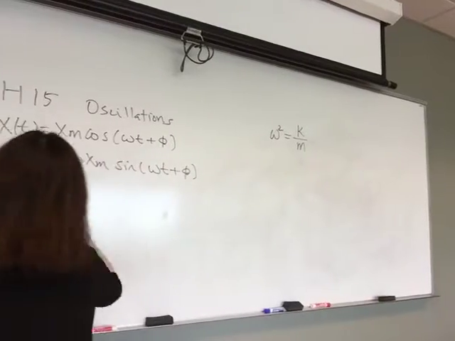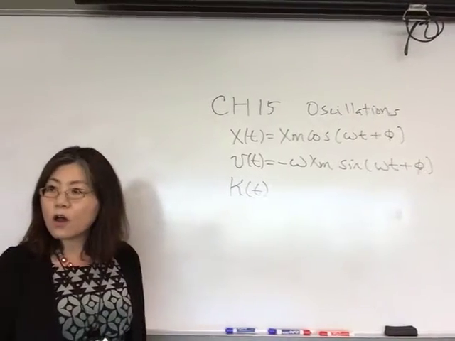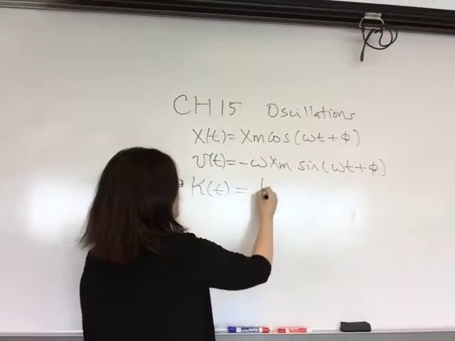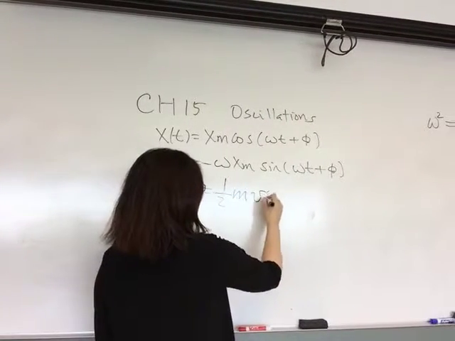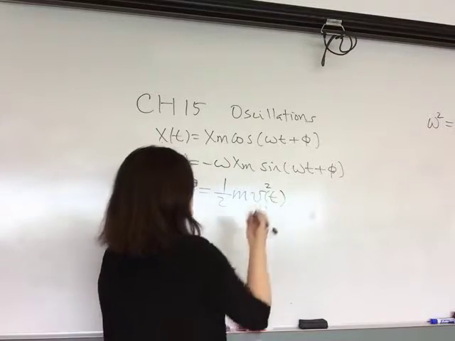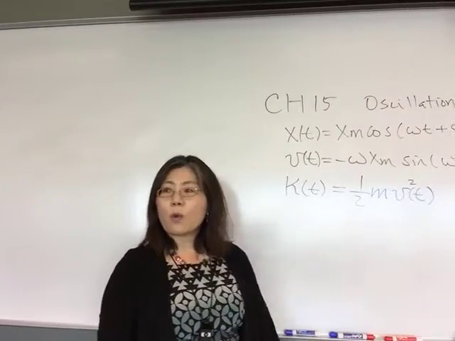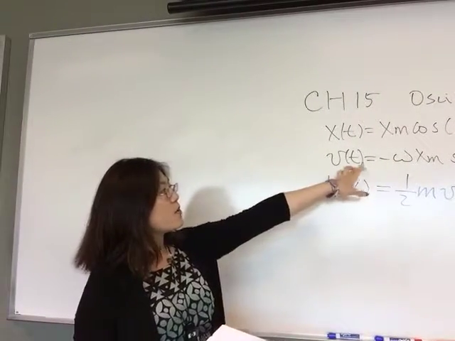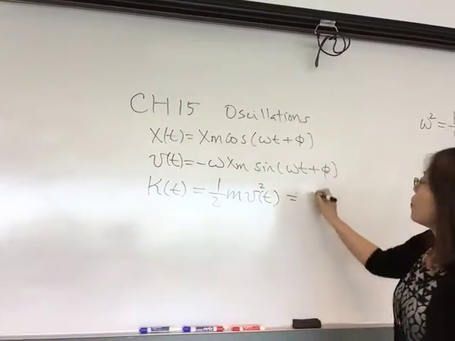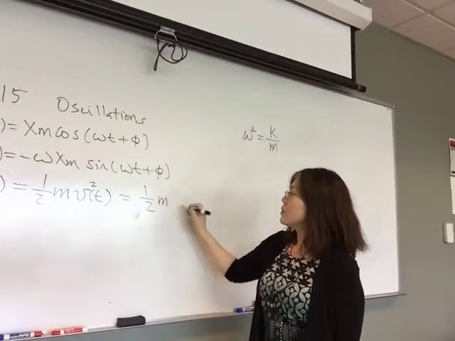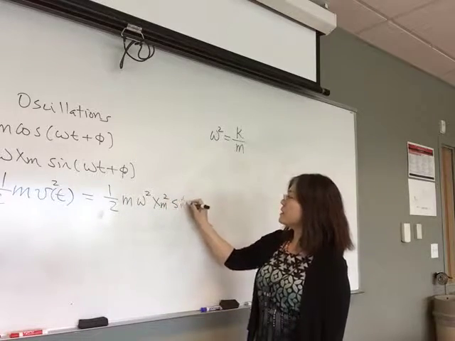So your K, to be rigorous, you would say K of t, because now it's a function of time. And that's equal to 1/2 mass of the block, which is not changing with time, but you have the velocity, which changes with time, and that velocity you have to square. So you have kinetic energy, that's 1/2 mv squared. What we're going to do is replace this v with that expression, so I'm going to square the whole thing here. So what we have is 1/2 mass omega squared xm squared, and then sine squared.